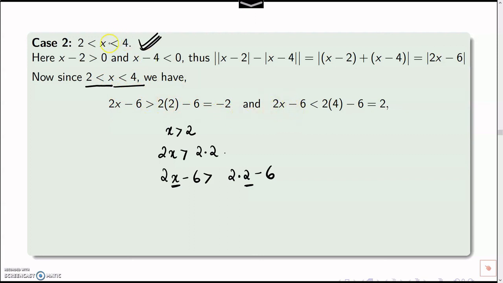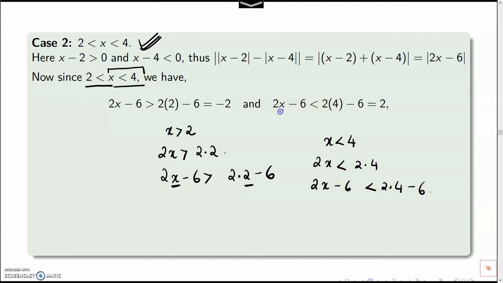And also if you use the second half of this inequality, x is strictly less than 4, then again I multiply 2 on both sides, so 2x will be less than 2 into 4, and again I subtract 6. So 2x minus 6 is strictly less than 2 into 4 minus 6.